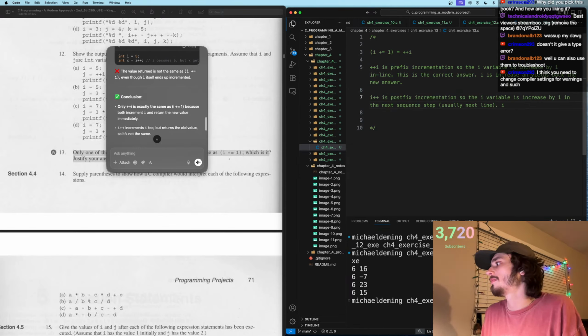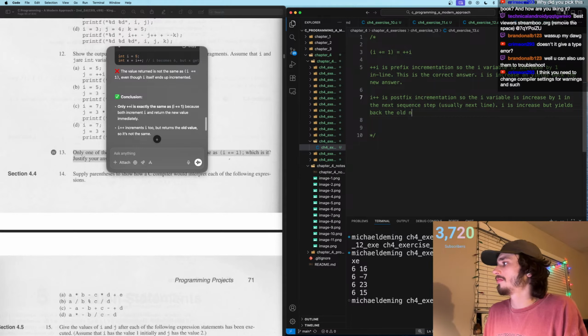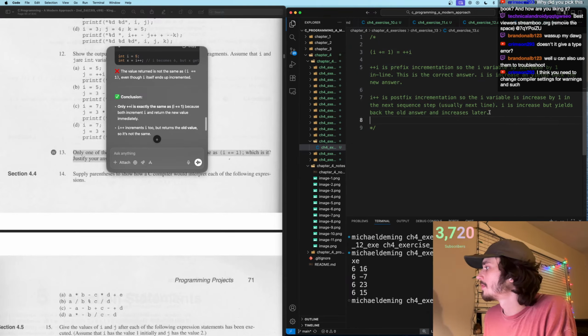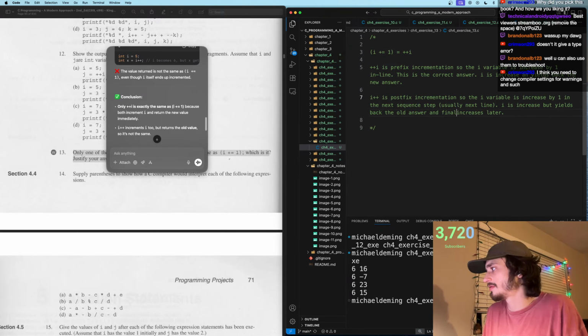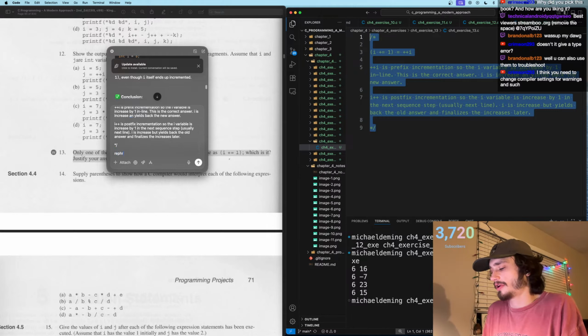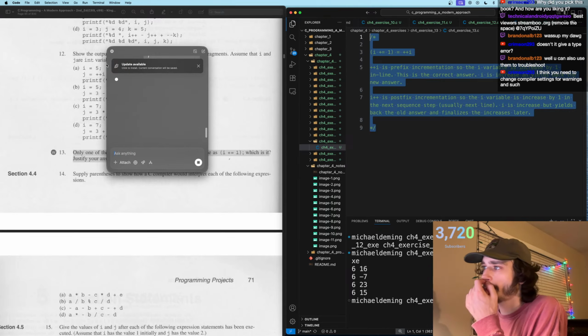I is increased but yields back the old answer and increases later, and finalizes the increase later. Rephrase my answer here.